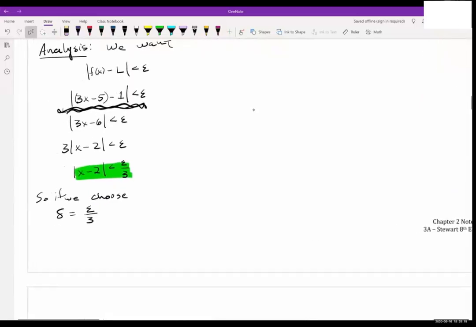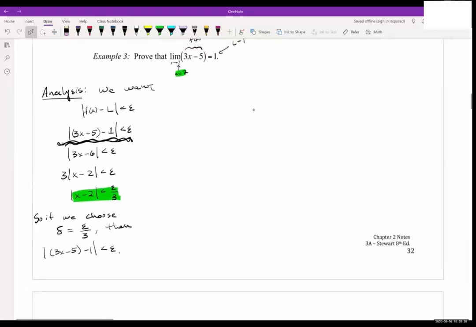So if we choose delta to be this, then we're guaranteed by the backwards algebra above that this will be true. Okay, so that's the analysis portion of this.